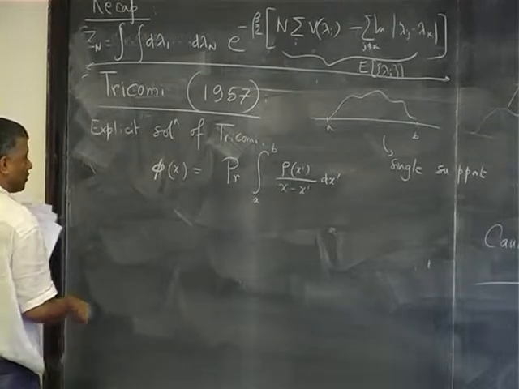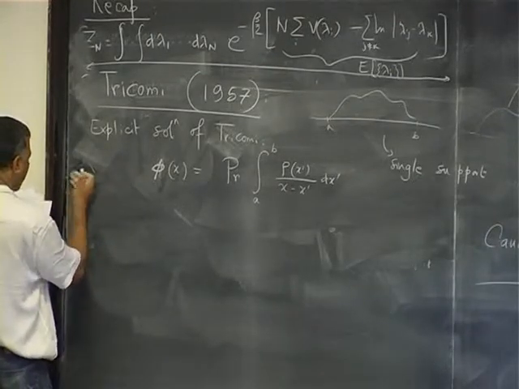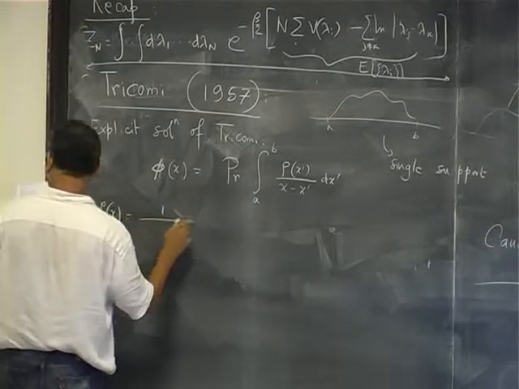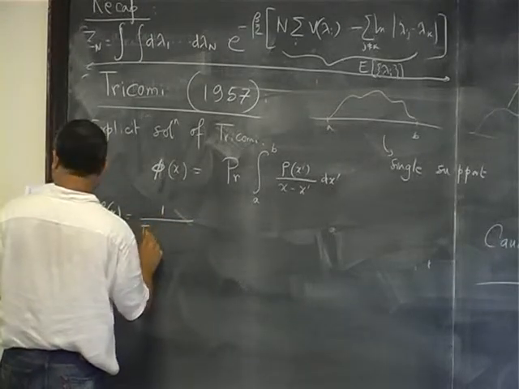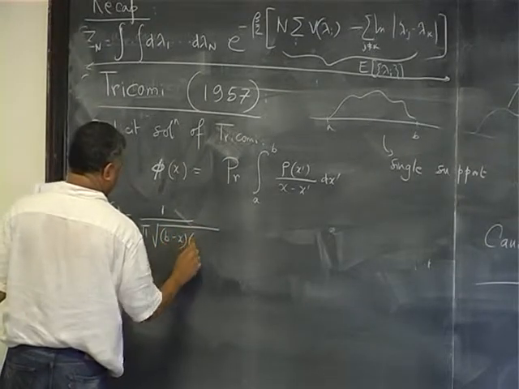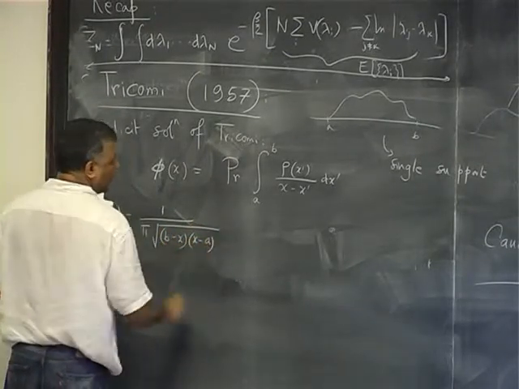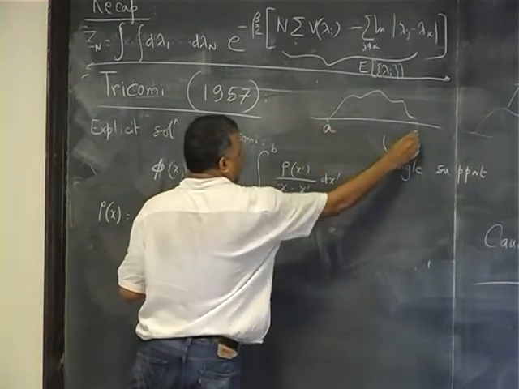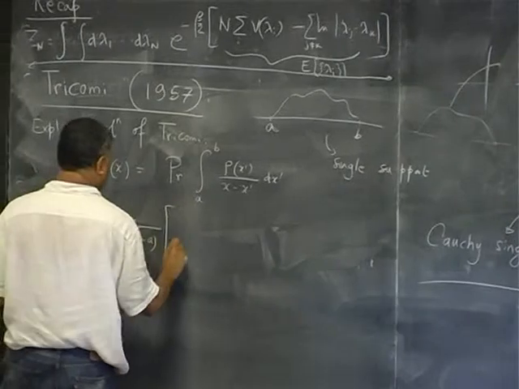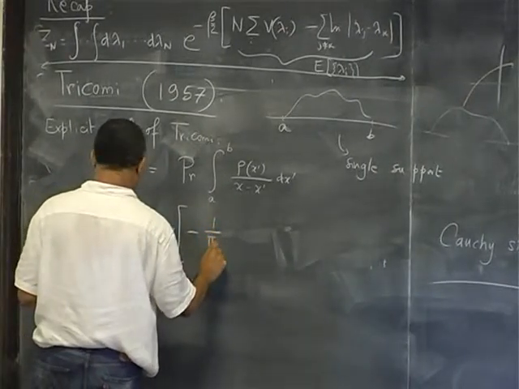So the explicit solution of Tricomi for the single support case is the following. A and B are the endpoints of my support, and A is less than B. This is a beautiful theorem, very useful.